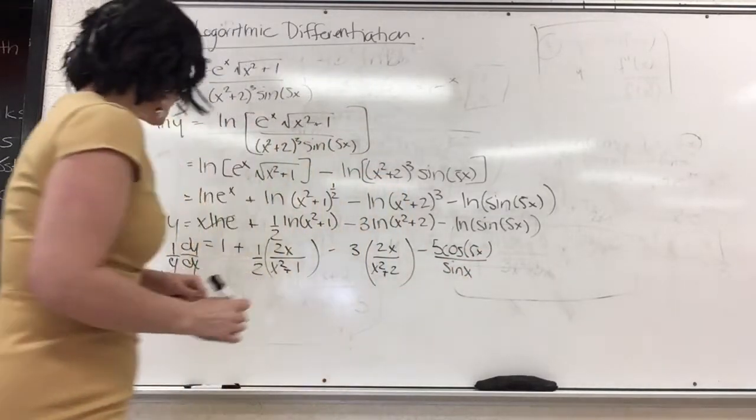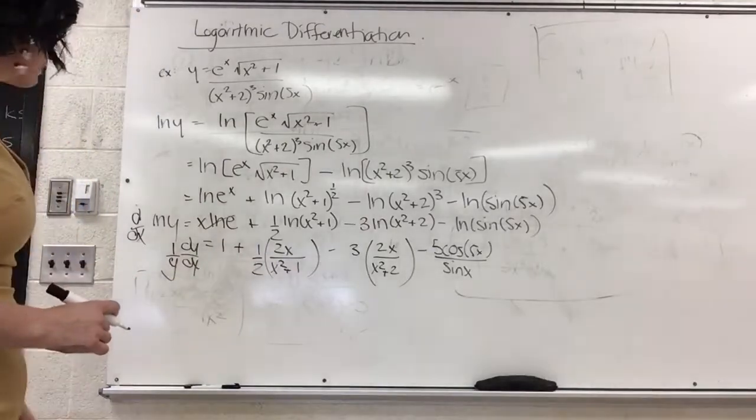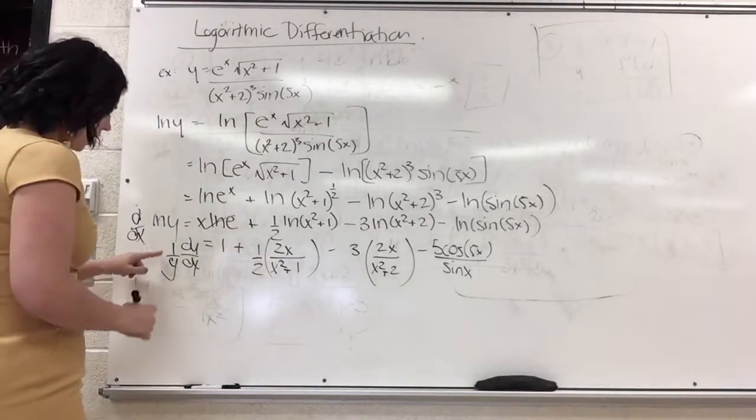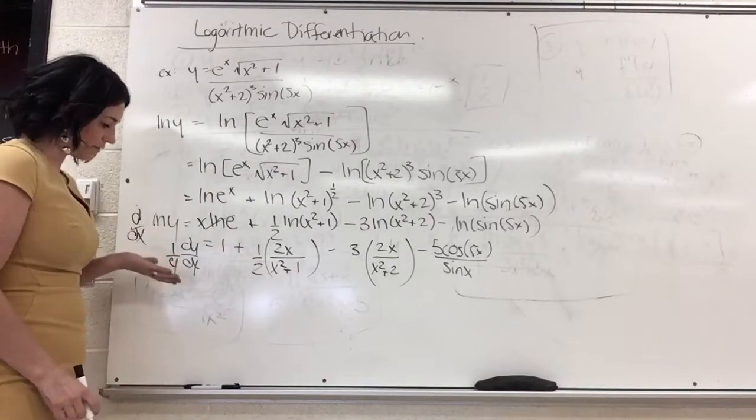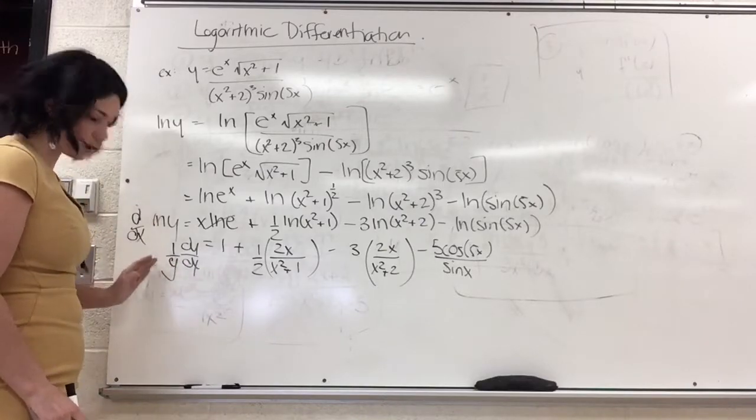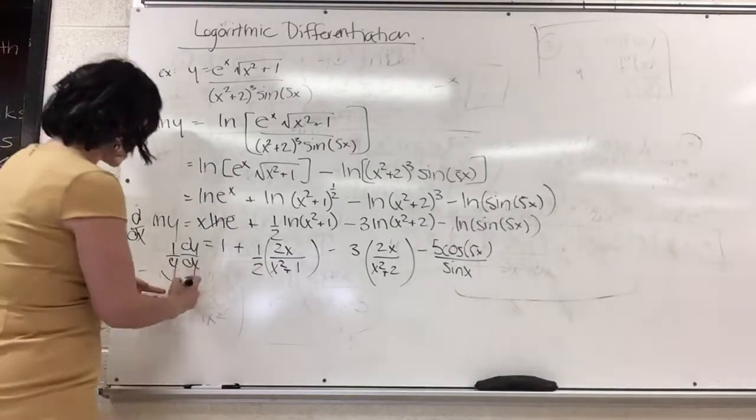Okay. Now I need to do some simplifying, okay? First of all, I want dy/dx by itself because that's the derivative, so I need to get rid of this 1 over y. So I'm going to multiply both sides by y.